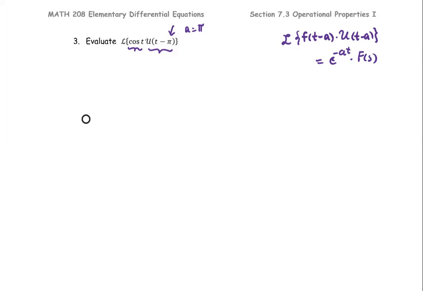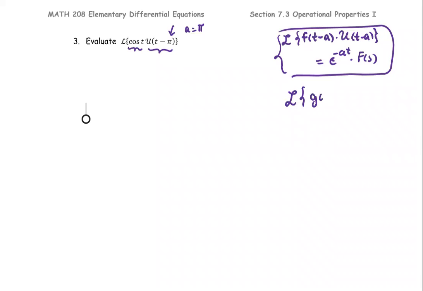So for this case, the function cosine t is not in the form of a function of t minus a. So we're going to use the consequence of this second translation theorem that the Laplace of g of t multiplied by the unit step function t minus a equals e to the negative as multiplied by the Laplace of the function g of t plus a.